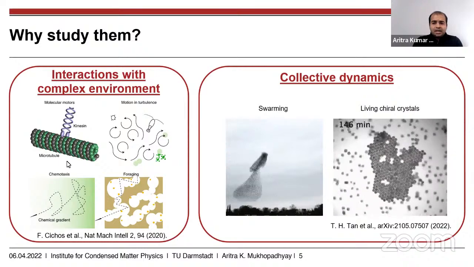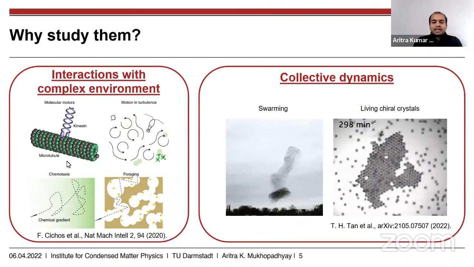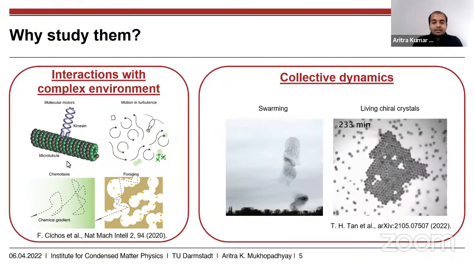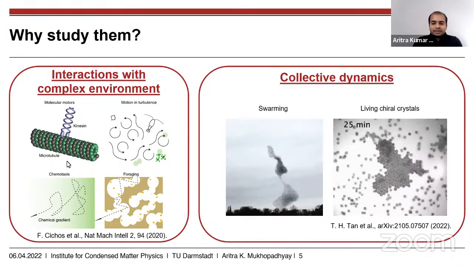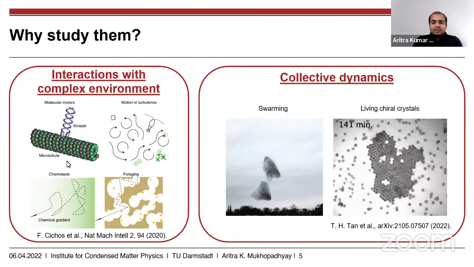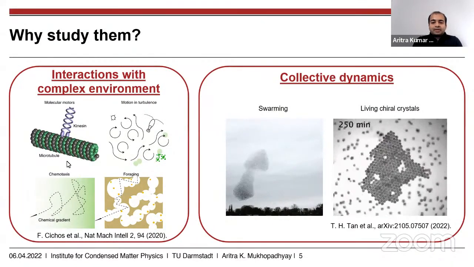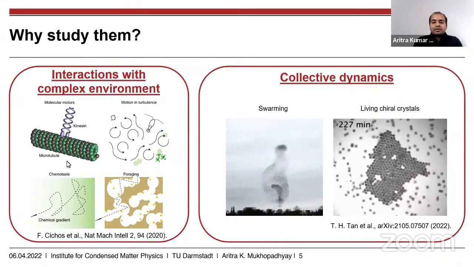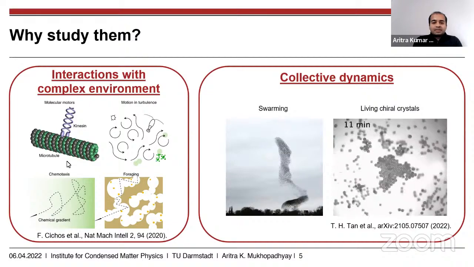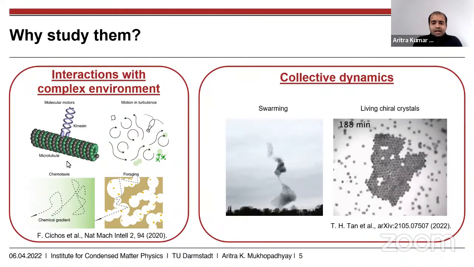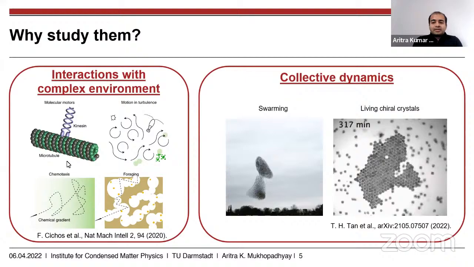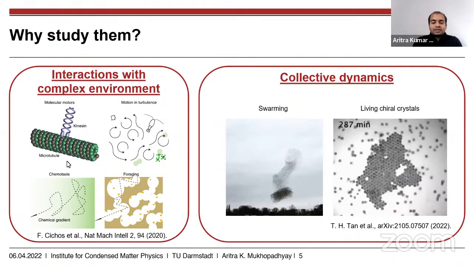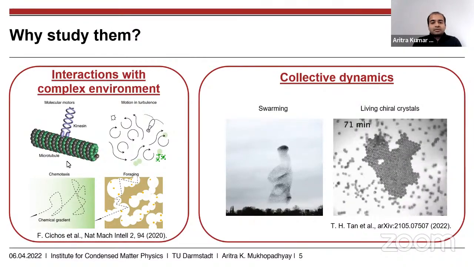This allows individual birds to escape from predators by forming spontaneous groups and then moving together in diverse patterns. A very recent example, shown on the right side, is starfish embryos. During the development stage, these embryos can spontaneously form clusters, as you can see here, and these clusters can get arranged in a crystalline fashion. They have unique properties: they can rotate and show collective chiral motion together.